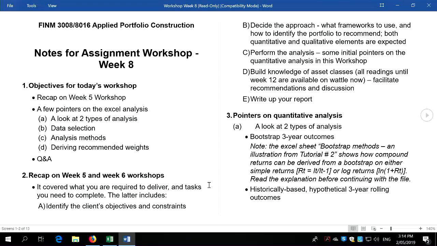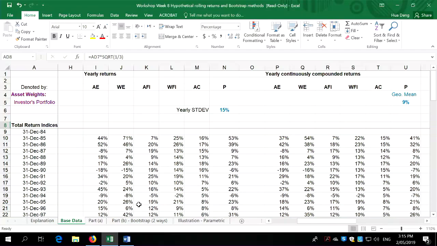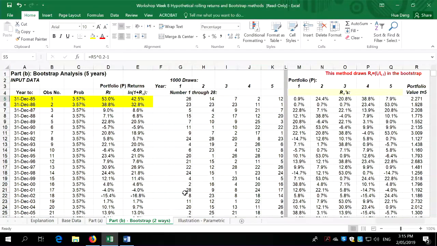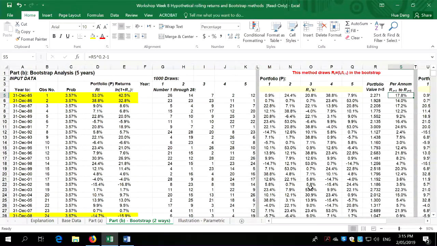In this lecture, this workshop, we're going to have a look at two quantitative methods to come up with an asset allocation. The first one is a bootstrap method. On Wattle, you will have this spreadsheet available.